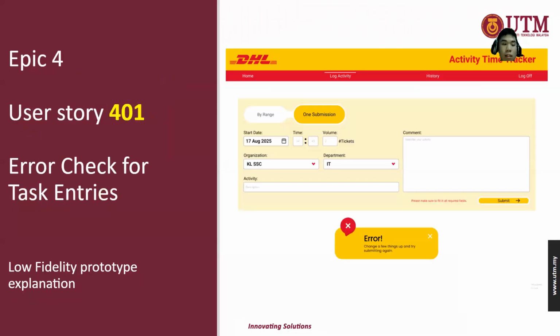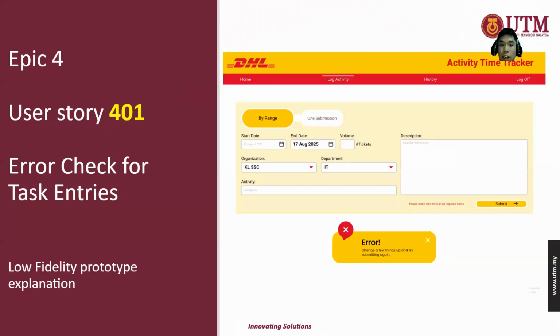So here's our user interface for 401. As you can see, we created a very user-friendly error page. If the task entries are incorrect, it will show the error message to them. This one is for the one submission, and then we also created the same design for the by range submission.